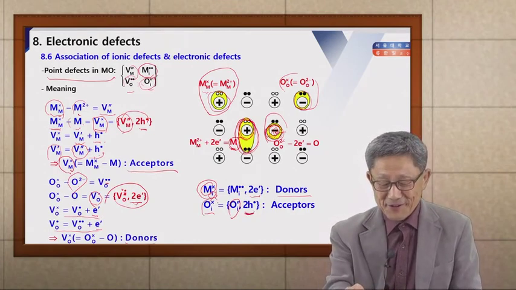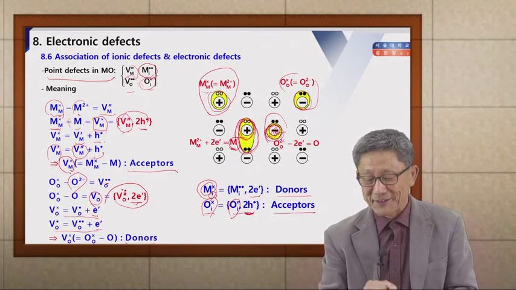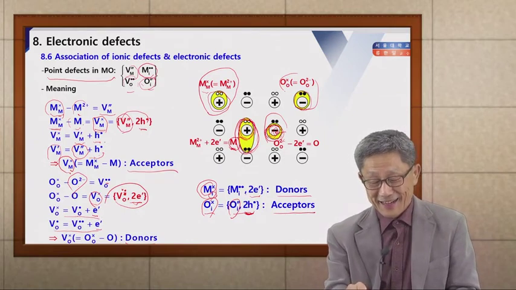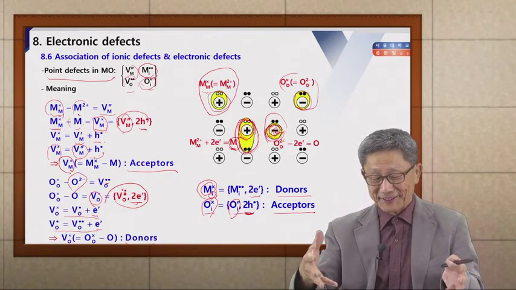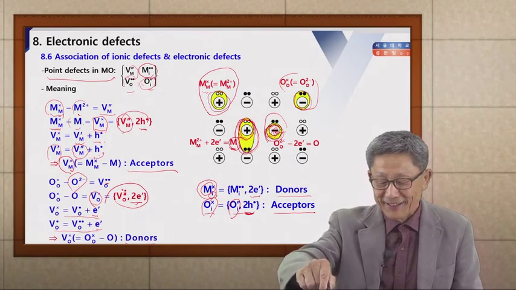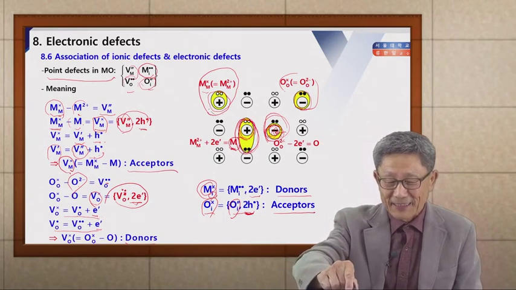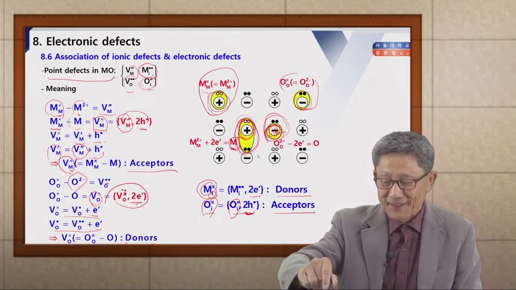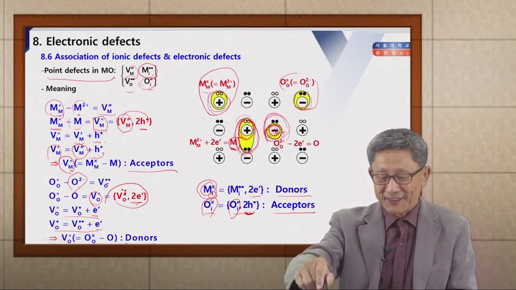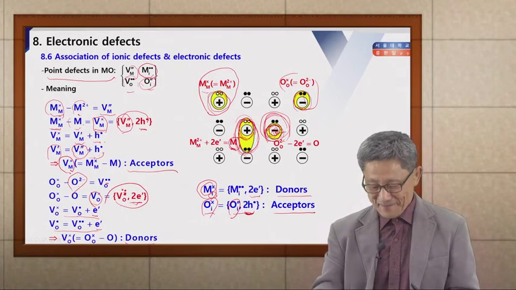So the oxygen interstitial works as a hole donor, in other words, an acceptor. I think you can understand what's going on by considering just this picture. Here metal ion, metal atom, oxygen ion and oxygen atom, and so on.